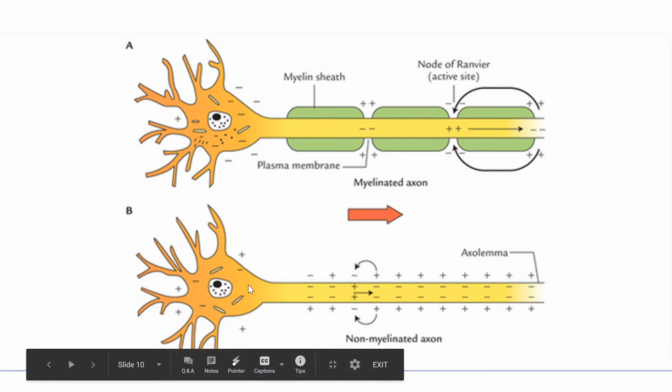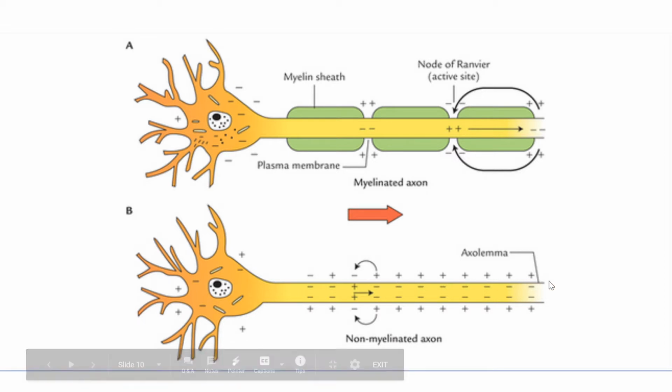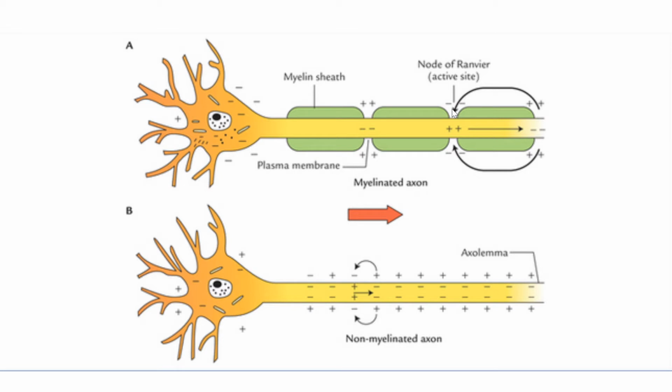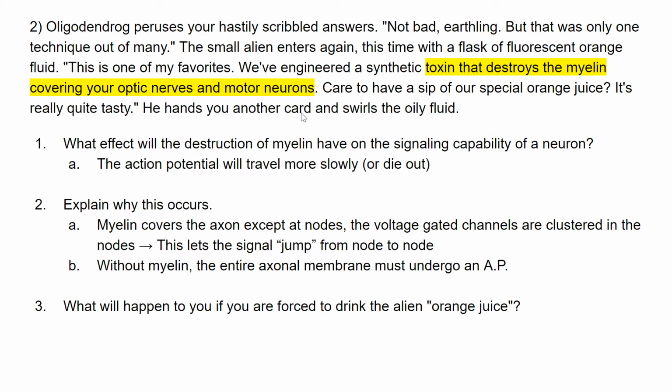If there is no myelin, you have to depolarize and repolarize along the entire length. So think about this: depolarize, repolarize, depolarize, repolarize, and so on for a long, long time, versus depolarize, repolarize, jump, depolarize, repolarize. Because it's literally jumping, it's faster. Not sure if that makes any sense to you, but we'll see.